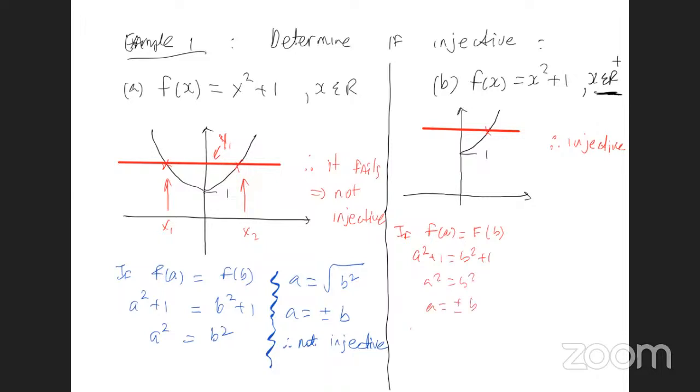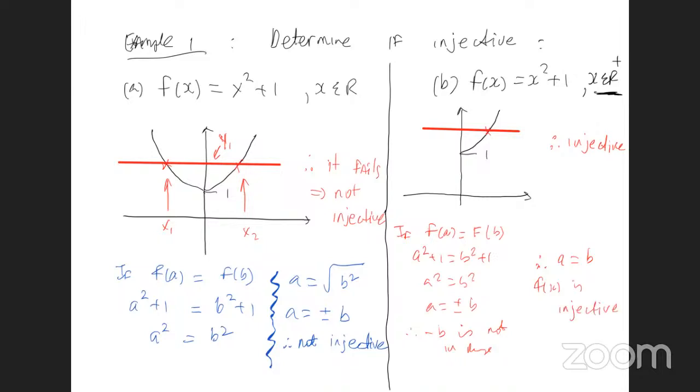But remember, negative b is not in the range. So therefore, a is equal to b and f of x is injective.